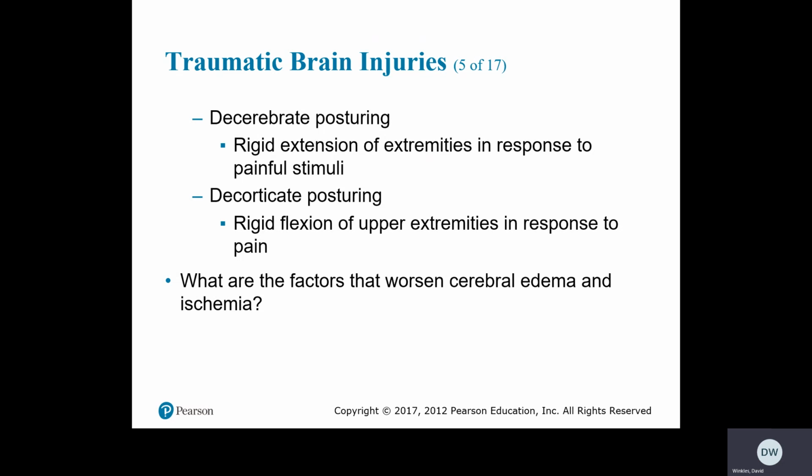So the decerebrate posturing is the rigid extension of the extremities in response to painful stimuli, whereas your decorticate posturing is rigid flexion of the upper extremities in response to painful stimuli. So the cerebral posturing is extension out. So it would be like a big stretch of your arms and your legs and just everything all stretched out. Decorticate is where your arms will draw in towards your body and become rigid that way.